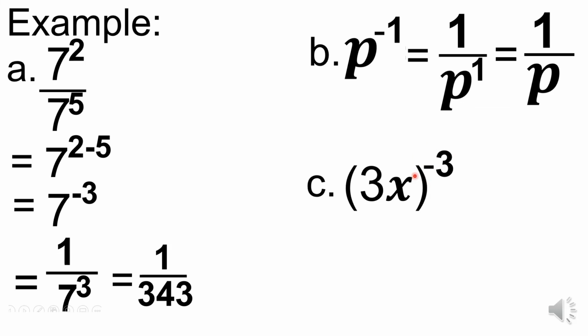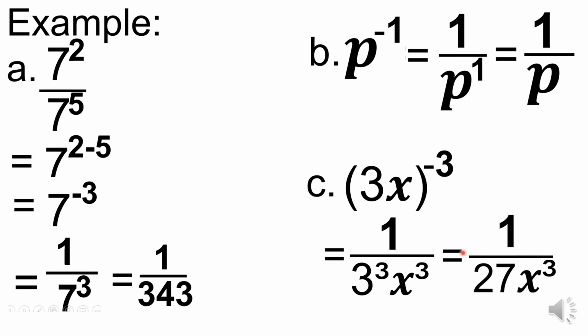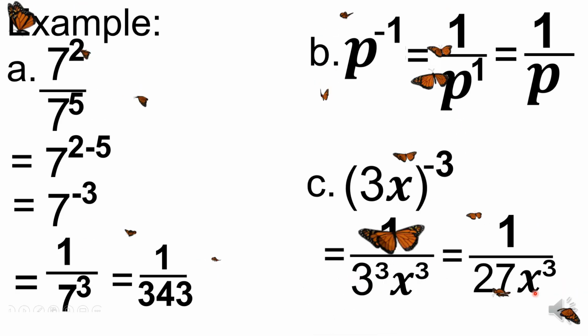So, applying the negative exponent rule, you got 1 over 3 to the power of positive 3, and then x to the power of positive 3. And then simplify further. What is 3 to the power of 3? It's 1 over 27x cubed.